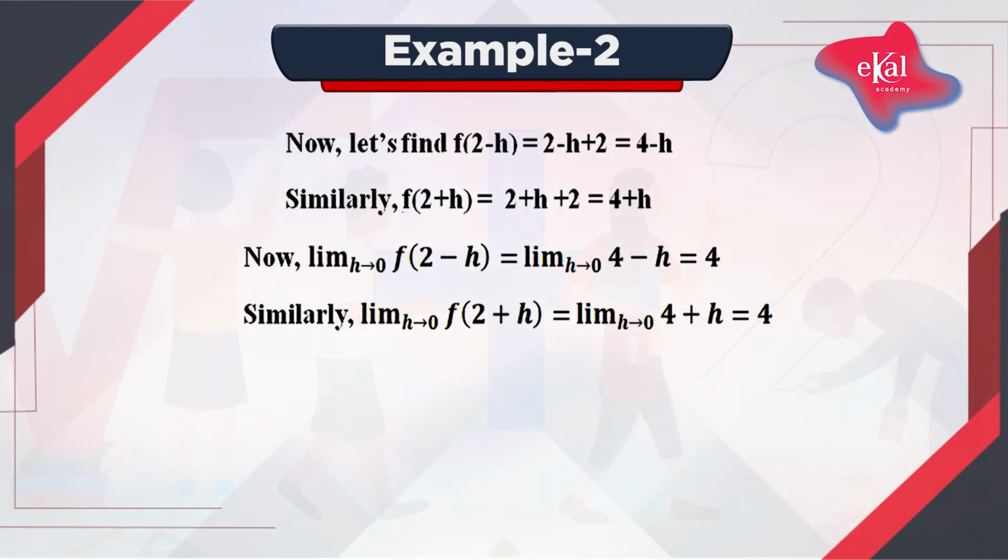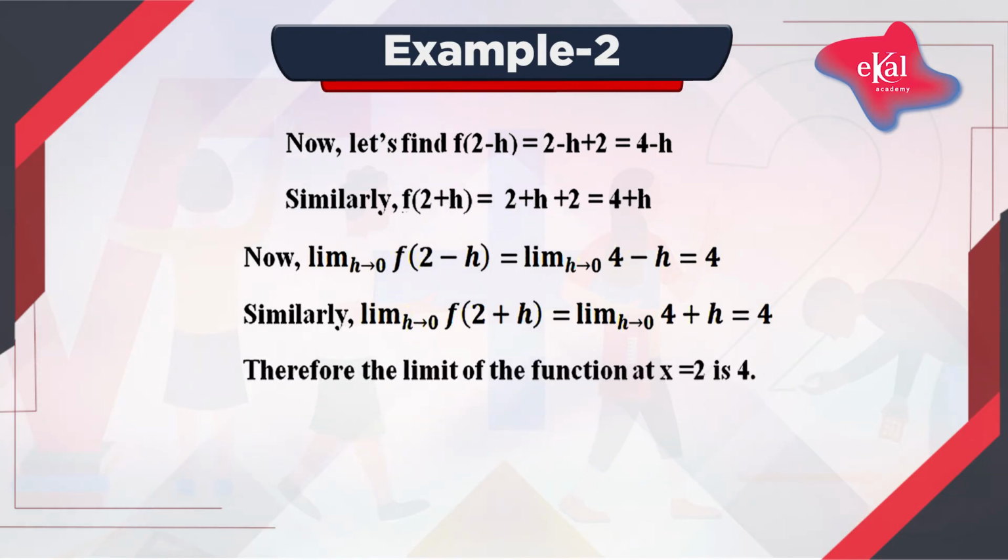That also equals 4. So we have seen that the value of the limit in both situations is equal to 4. So I can say that limit h tending to 0, f of x is equal to 4, and this is called the limit of a function.